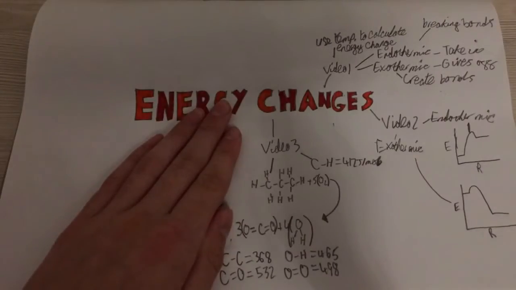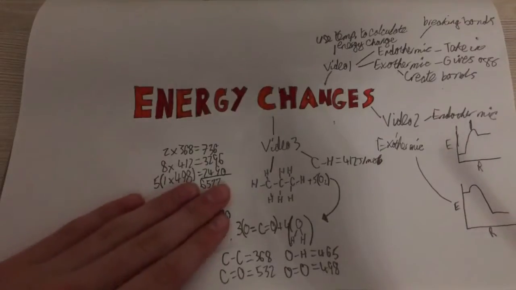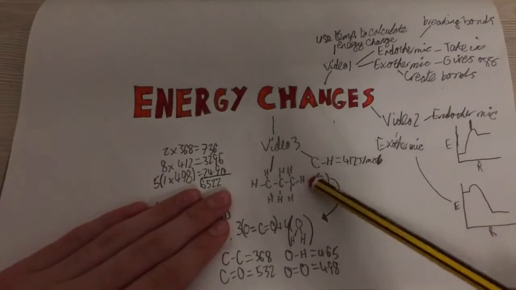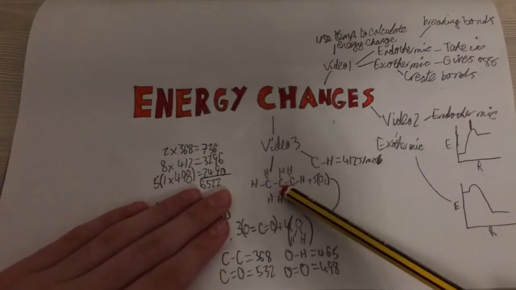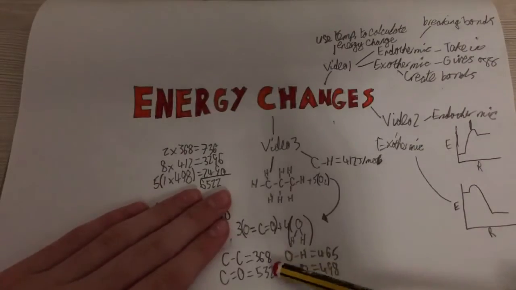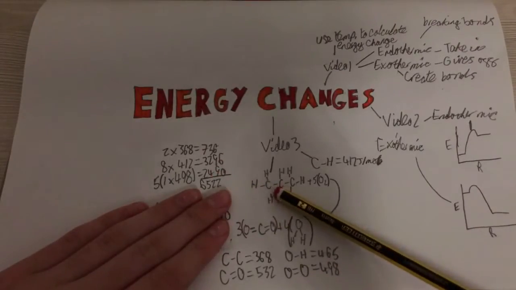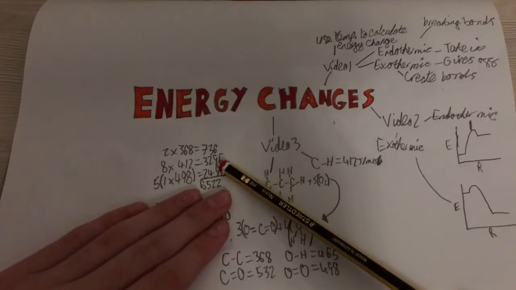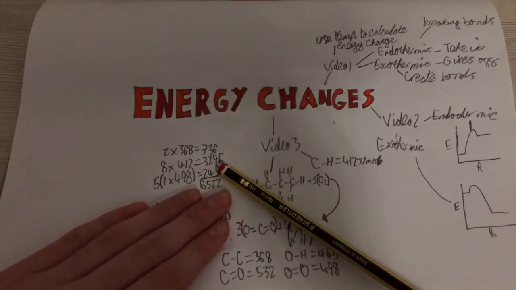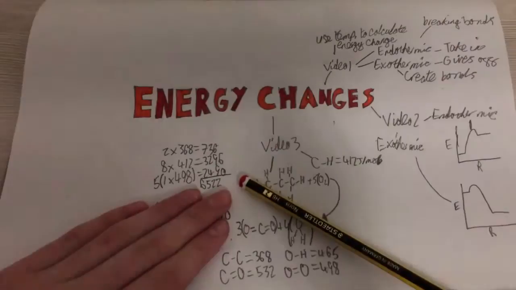Okay, this is how you should work through it. You have 2 carbon-to-carbon bonds, which is 2 lots of 368, which is 736. Then you've got 8 lots of hydrogen-to-carbon bonds, at 412 kilojoules per mole, and that should give you 3,296.